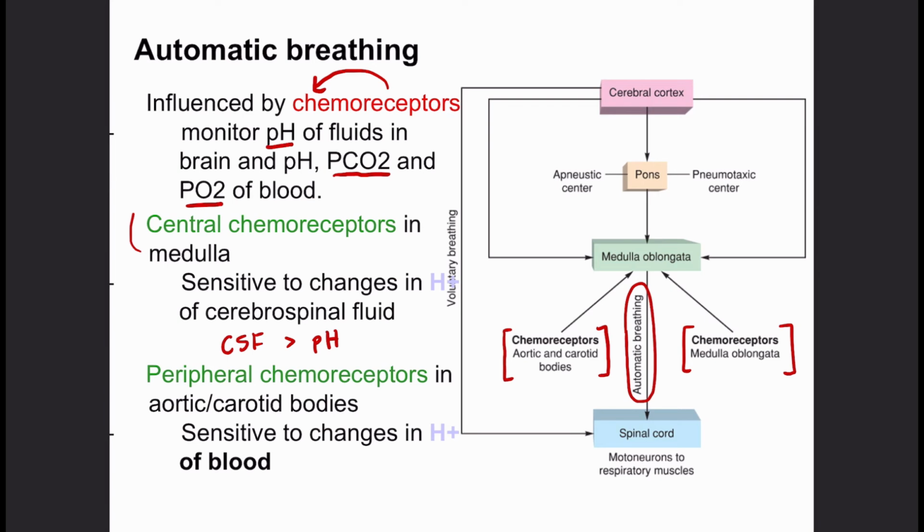And these are in the aorta and in these nodules called carotid bodies, which really are right next to our common carotid arteries. And these are going to pick up the hydrogen concentration within our blood. And so our medulla oblongata is getting a bunch of chemical information telling it about the carbon dioxide pressure, oxygen pressure, and the pH of the blood, the cerebral spinal fluid, as well as hydrogen concentration.